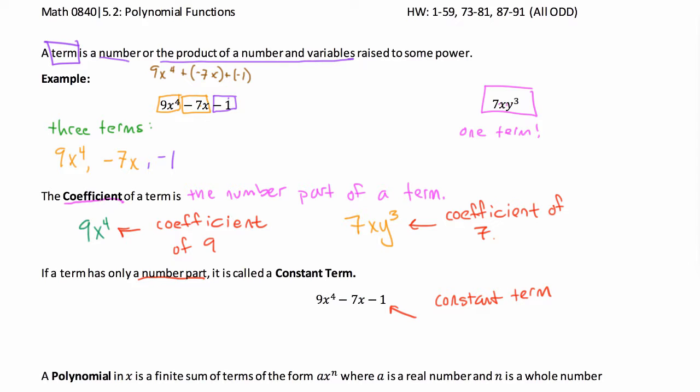And then as we said above, this term has coefficient 9. And this middle term has a coefficient of negative 7. And that's because you can think about that subtraction as being the addition of an opposite.